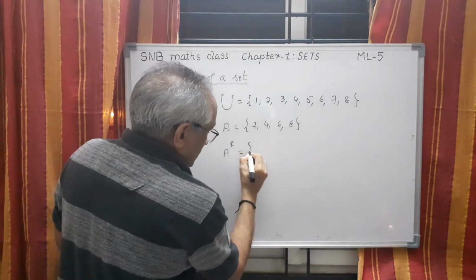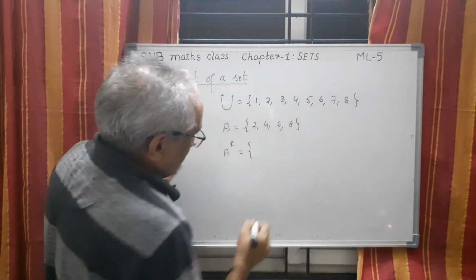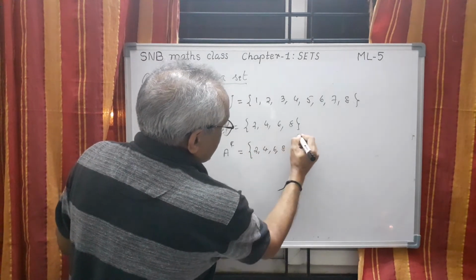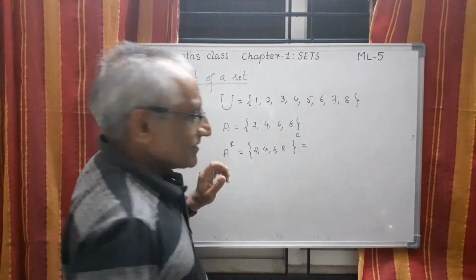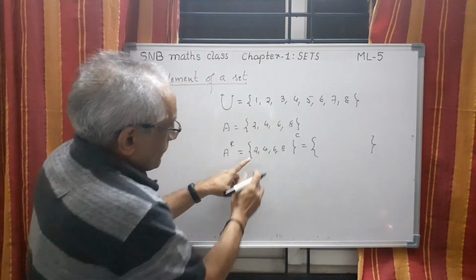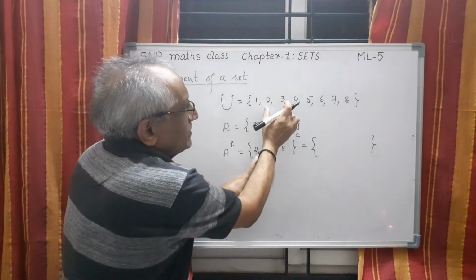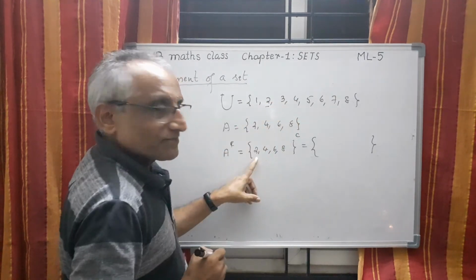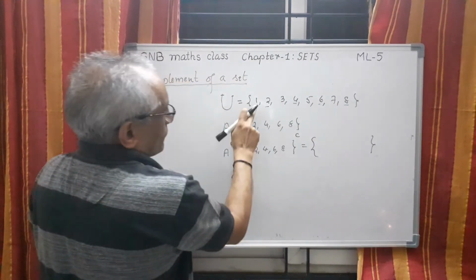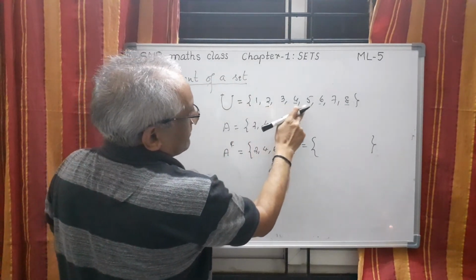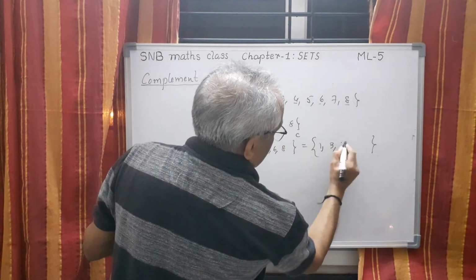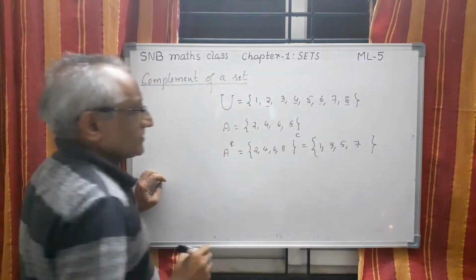The rule is you have to look at the universal set. Whatever element of A is present there, you remove it. What is remaining? 1, 3, 5 and 7. So this is the complement.